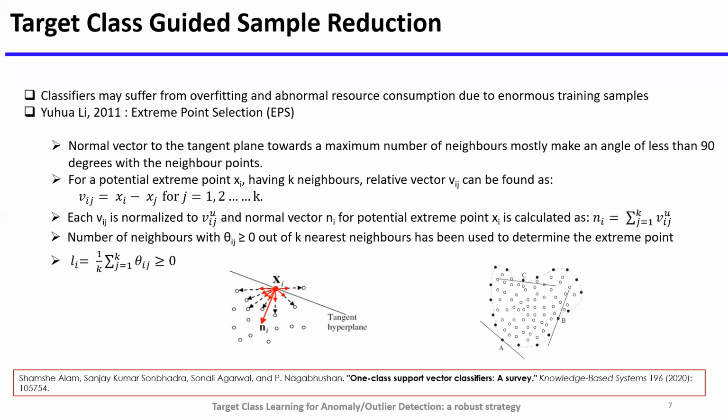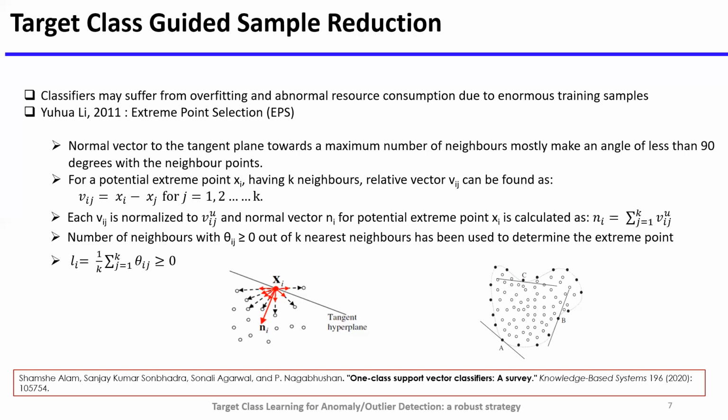It was basically looking to draw one boundary over the target class samples, such that if the incoming sample falls outside the boundary, then it is an anomaly. Otherwise, it surely belongs to the target class.